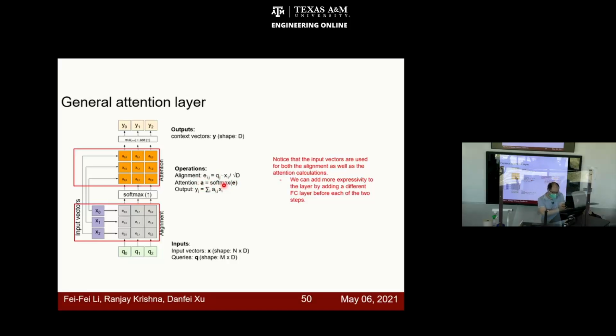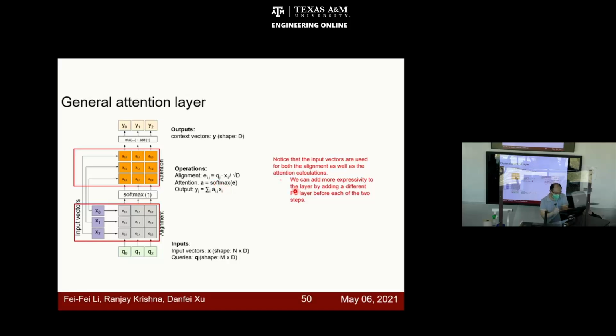If we want to make the model more expressive, we could add an additional step between alignment and attention. So we have this alignment e_ij, and we can calculate the attentions.